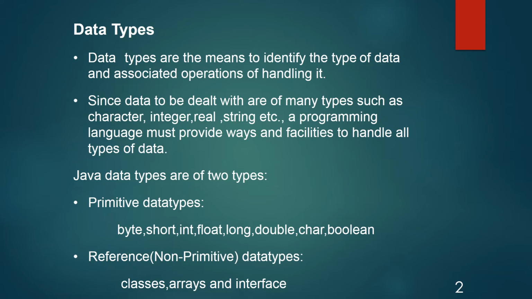Primitive data types are already embedded or built into the programming language, so they are also known as built-in data types, whereas reference data types are created by the user, hence they are also known as composite data types as they can be composed by the programmer.